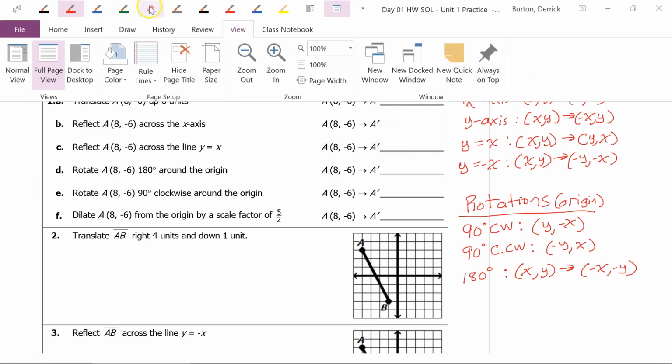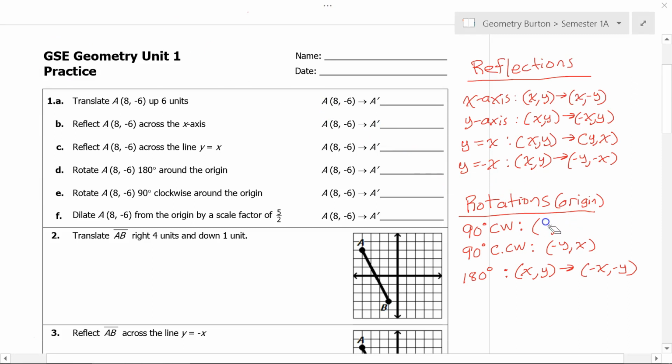Okay, I'm going to go back and squeeze in the xy becomes part to my rules, so I can be consistent. Okay, xy becomes y, opposite of x, and xy becomes opposite of y, x.